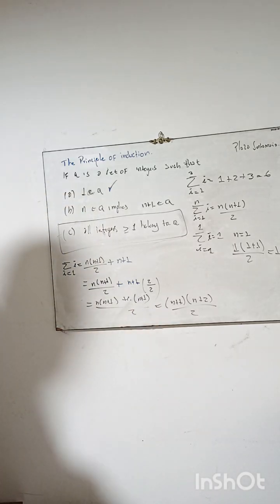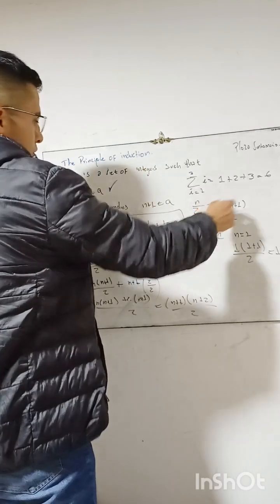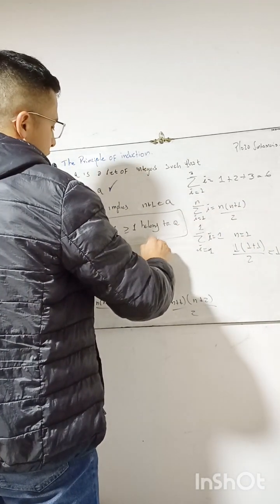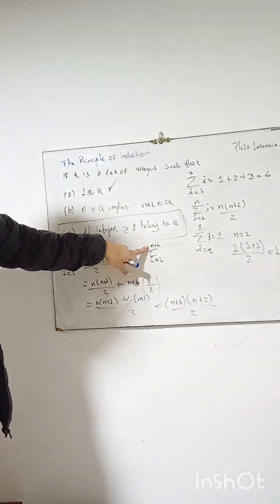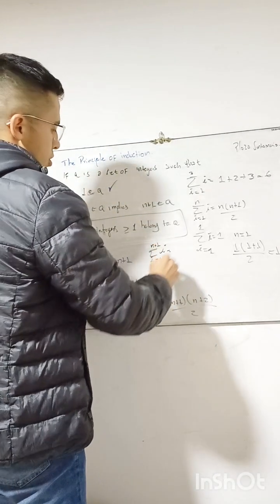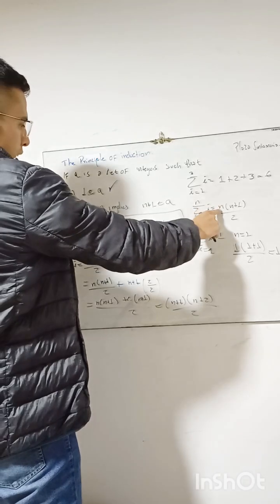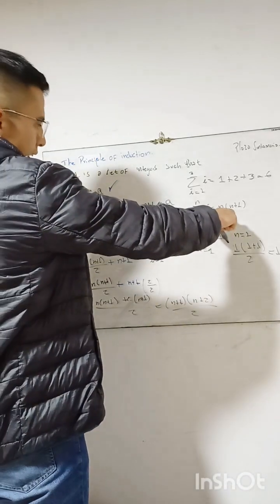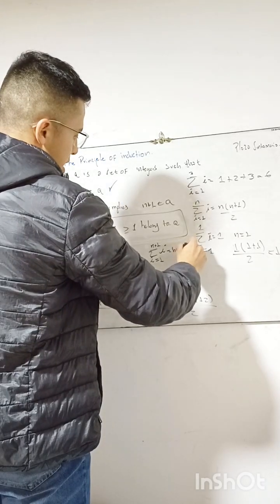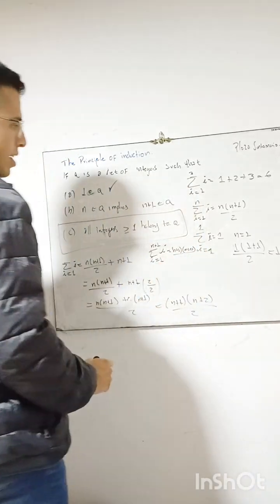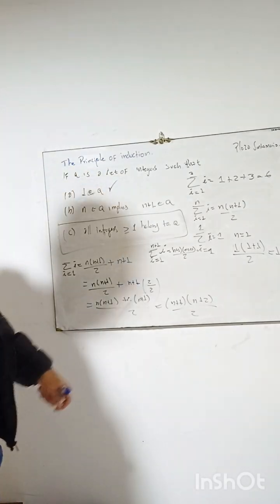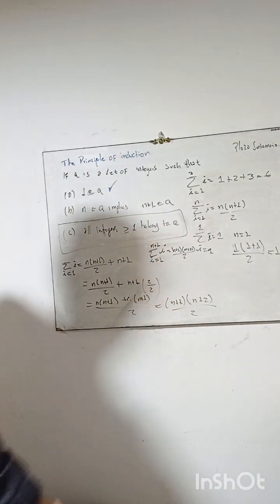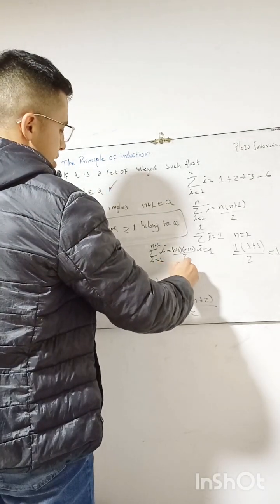So if we use that formula until the next integer, now n is equal to n plus 1, and n plus n plus 1 plus 1 over 2, yes.